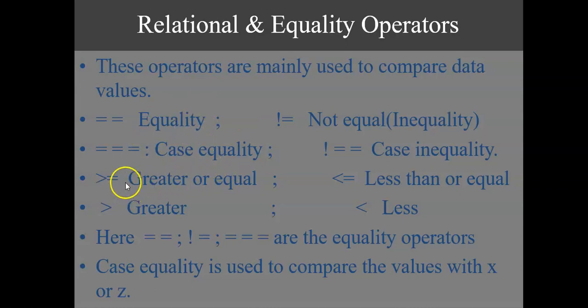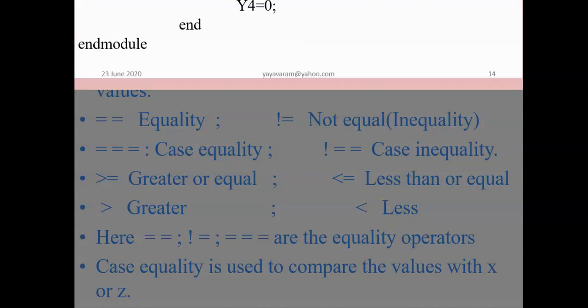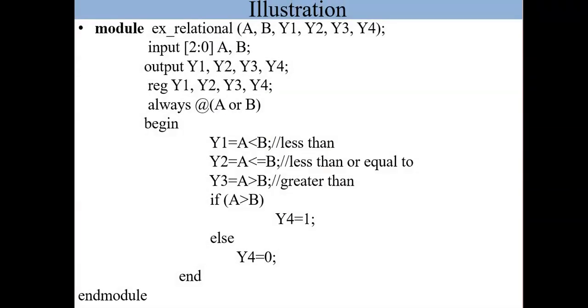The remaining ones are greater than or equal, less than or equal, greater, less. So this is about the relational and equality, where I have covered one example. Module example relational, A and B are inputs, y1, y2, y3 are outputs.